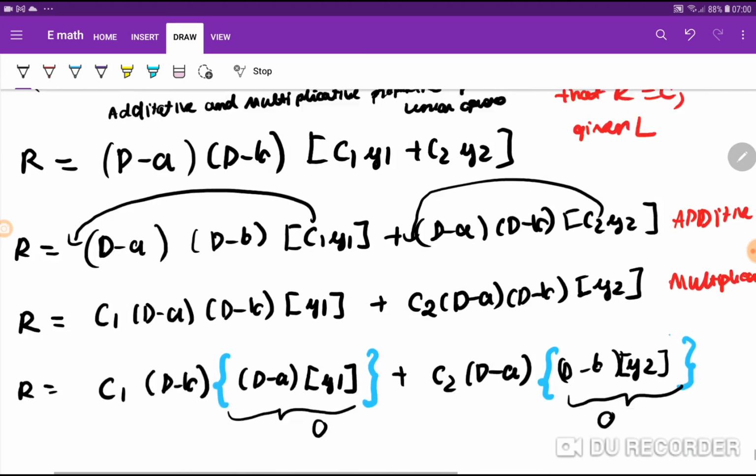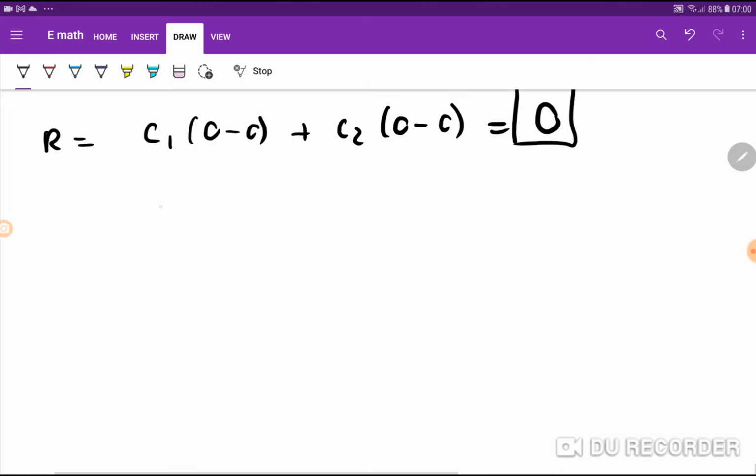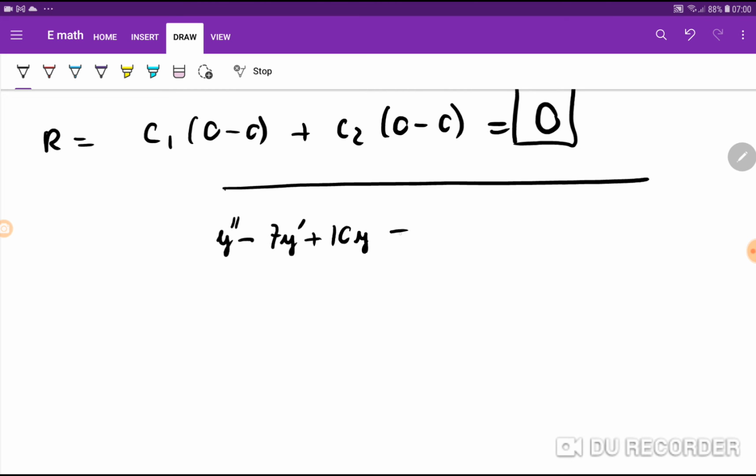Okay, so let's say you want to solve this differential equation. Let me think, what should I give you? What are you gonna do?